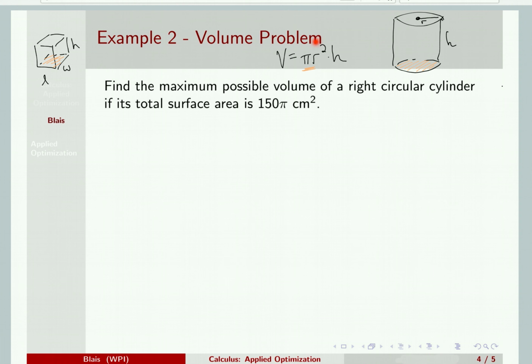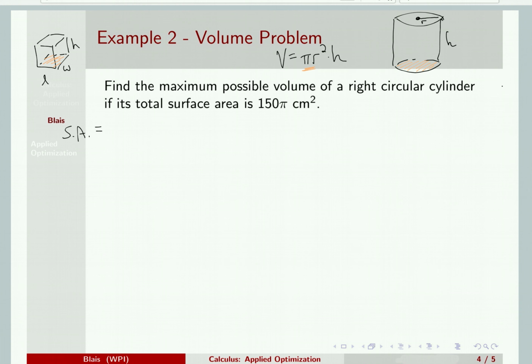Now, as in the previous example, we have two independent variables here, and we need to get rid of one of them. And we know we're given a constraint on the surface area. So what's the surface area of the can?